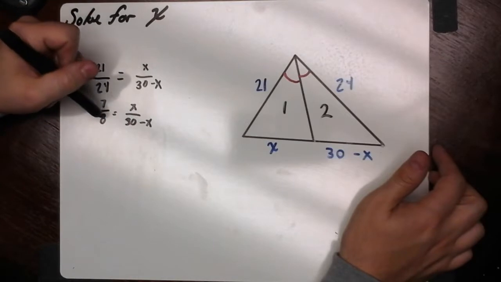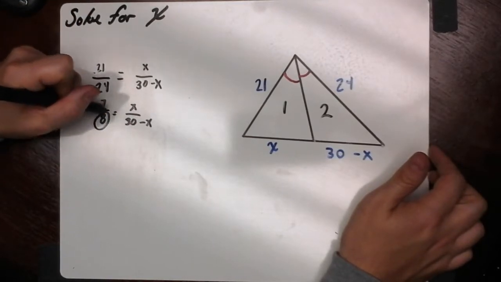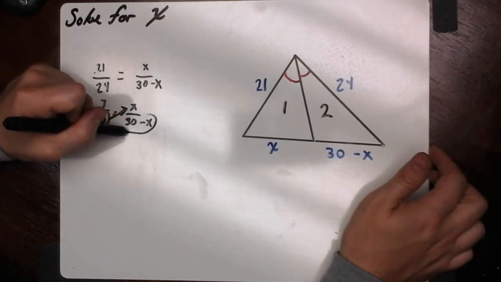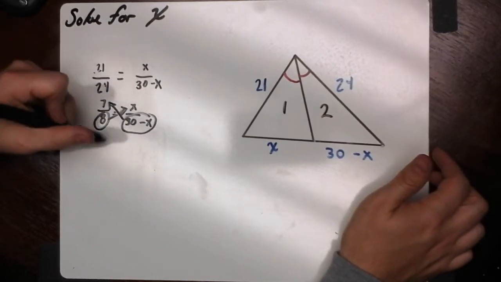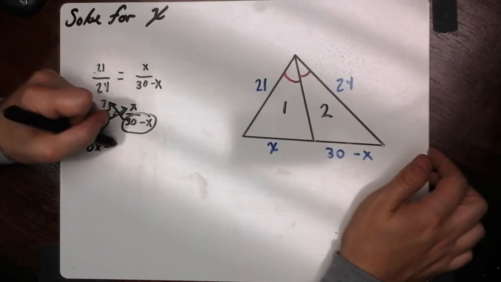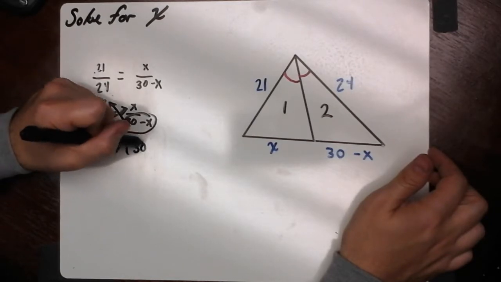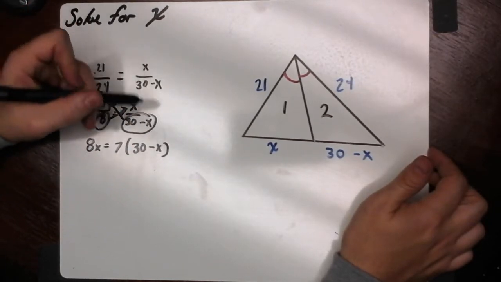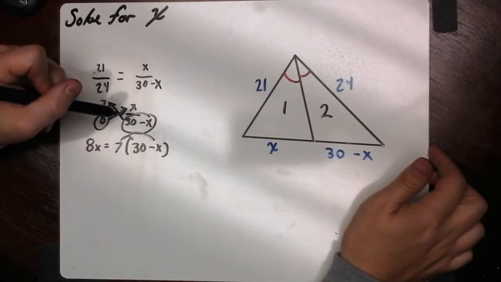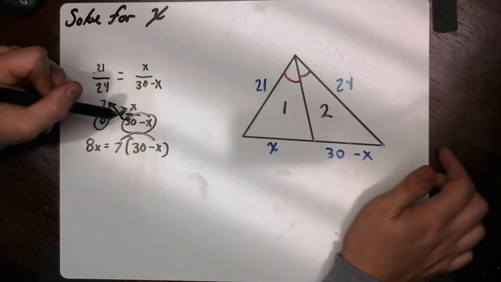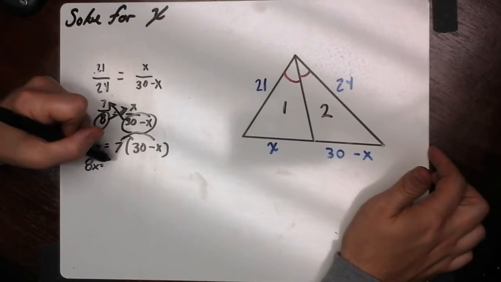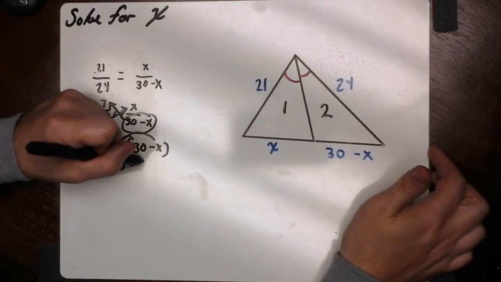So now, I have 8x, because 8 is going to multiply x. I'm cross-multiplying, so 8 is going to go to x. Then 30 minus x is going to go to 7. So I have 8x equals 7 times 30 minus x. Then I'm going to distribute the 7 to both the 30 and the x, or negative x. So that's going to give me 8x equals 210 minus 7x.